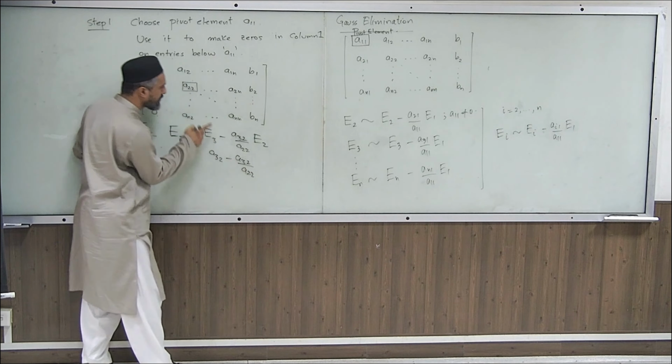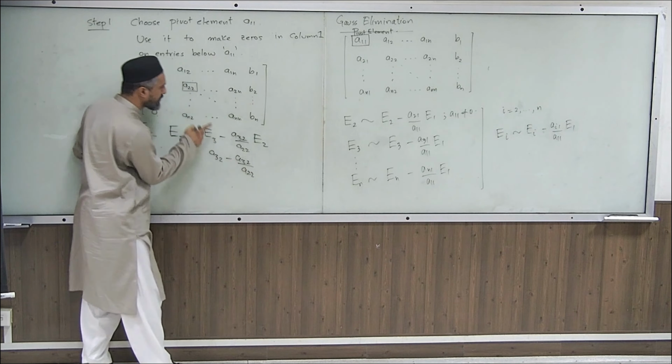So this amounts to 0, and A32 will now be 0. With this operation we can make the element below the second pivot 0.